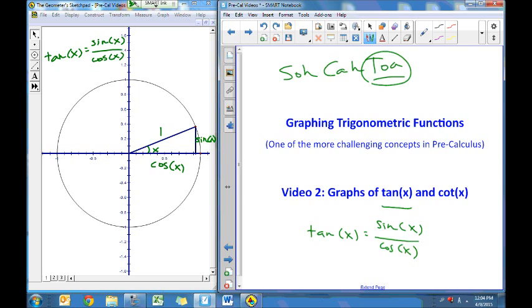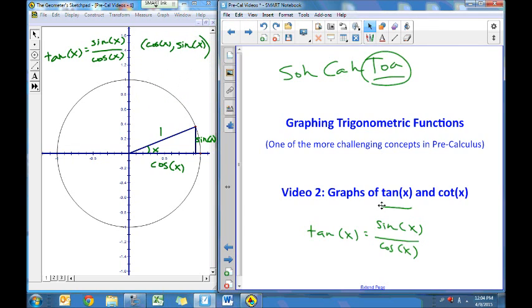The other thing that will be very useful for us is I think about graphs on the unit circle in that the x-coordinate is the cosine of x, and the y-coordinate is the sine of x. And that'll be useful for us.